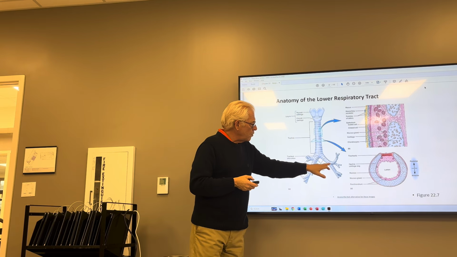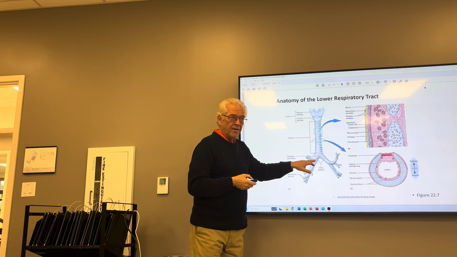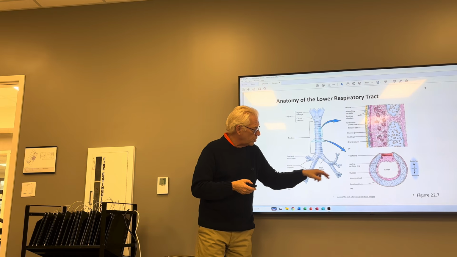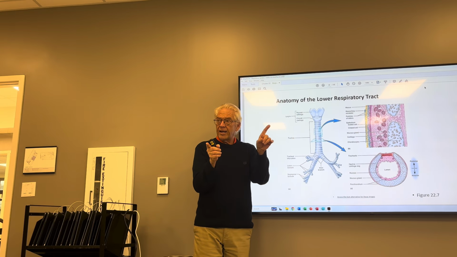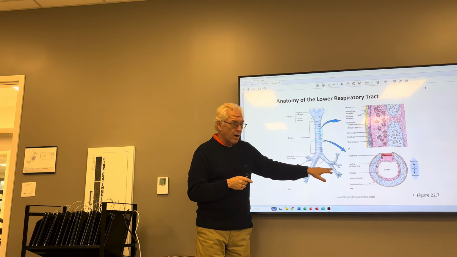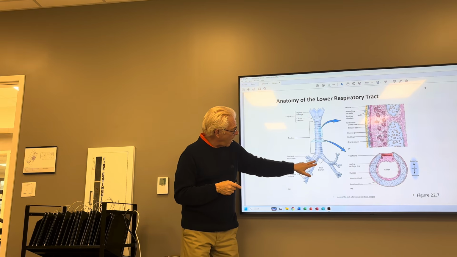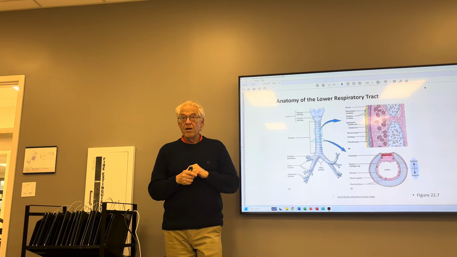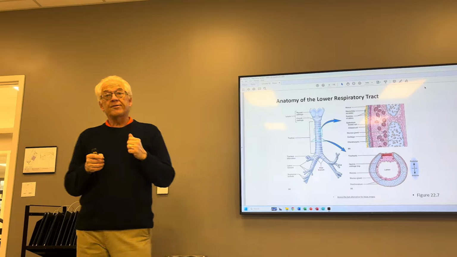You have 2 main bronchi for the left and the right, but then immediately this branches into secondary bronchi. Primary bronchus, secondary bronchi: 2 for the 2 lobes here, and 1, 2, 3 secondary bronchi for the 3 lobes on the right side.